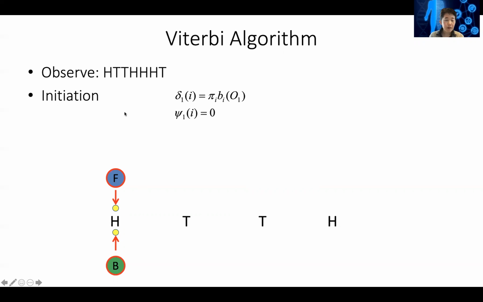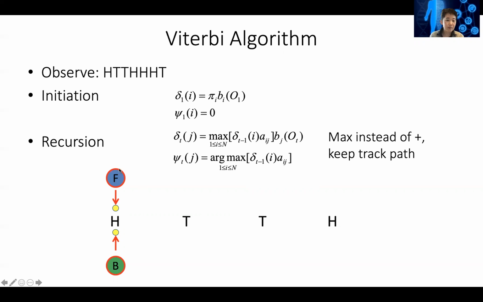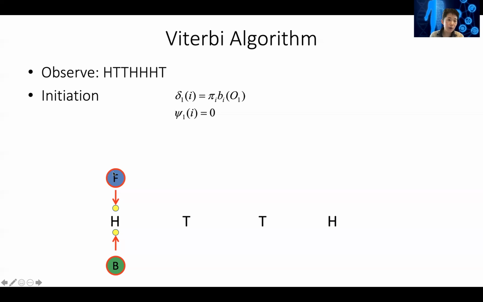Initially, we calculate this delta number, here delta 1 for a fair coin. I have to pick the fair coin, so that's the initial probability, multiplied by the emission probability of using a fair coin to get a head.